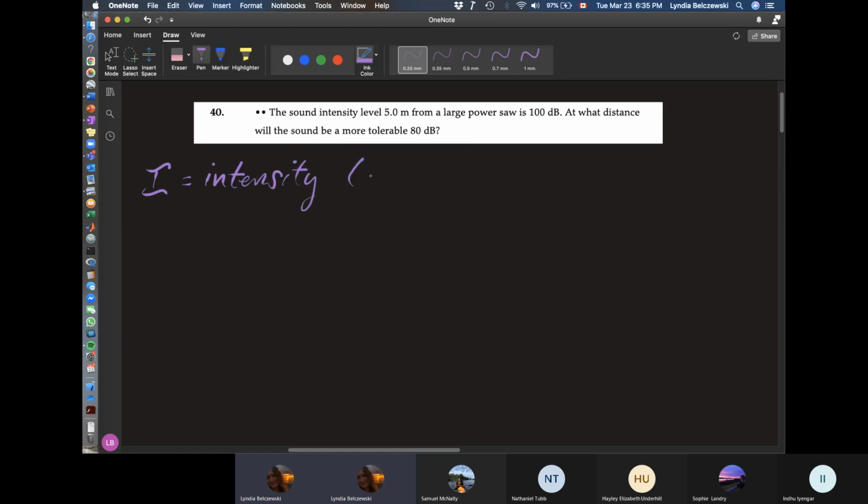And the intensity is a power per unit area, or an energy per time per area. I'm just going to write that in so I don't forget again.